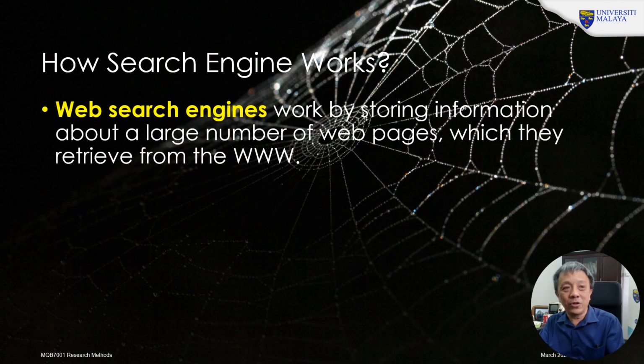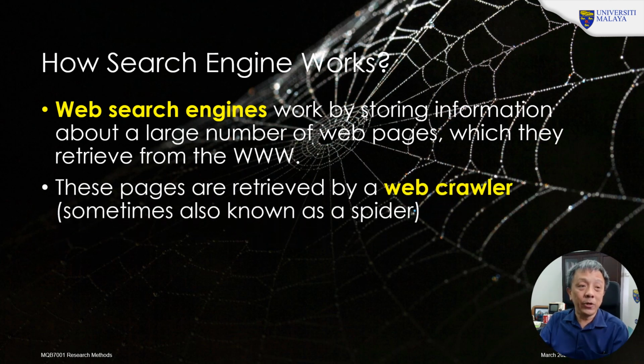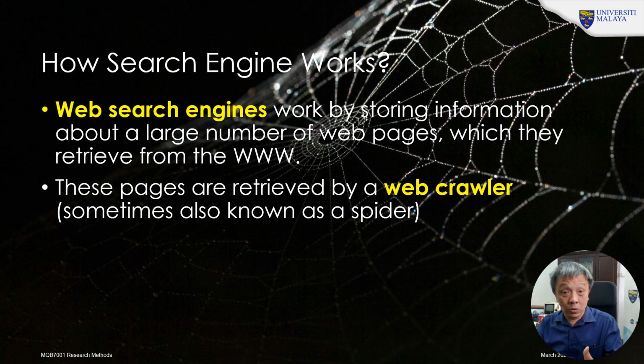So a search engine works by storing information about a large number of web pages which they retrieve from the World Wide Web. These pages are retrieved by web crawlers, or robots, or spiders. These are small programs that crawl the web to identify information and store it in the server of the search engine, let's say Google, or Microsoft, where we use Bing.